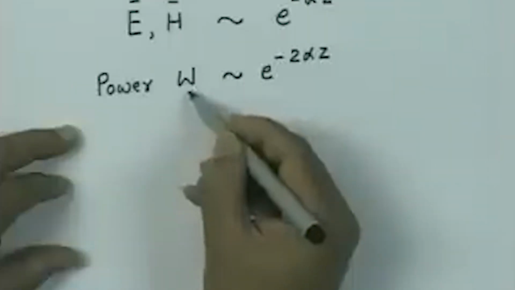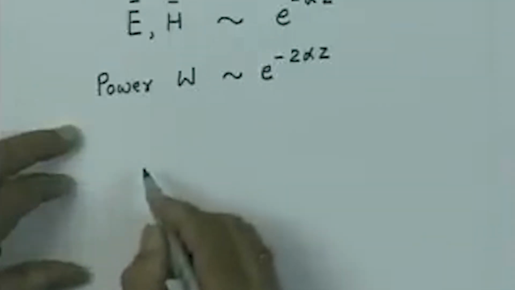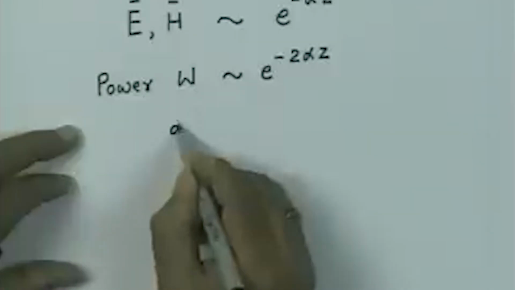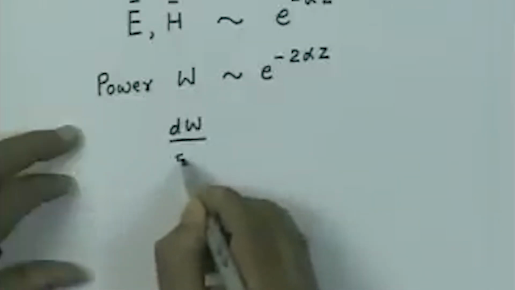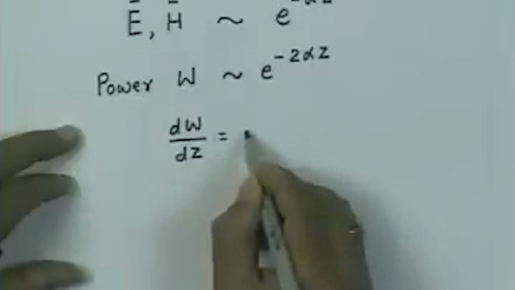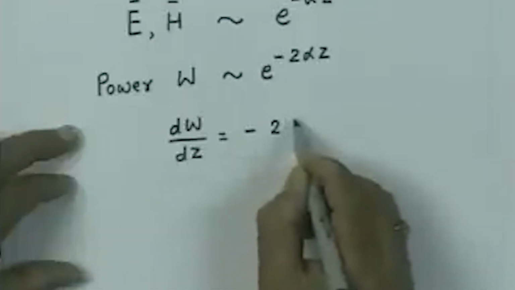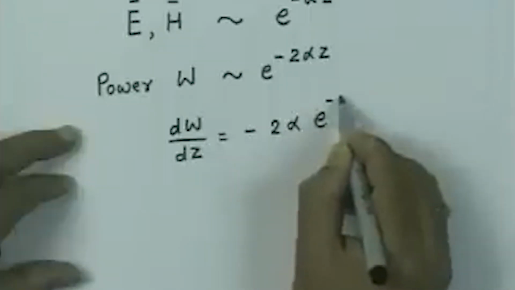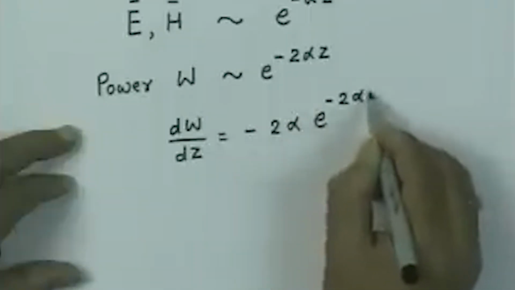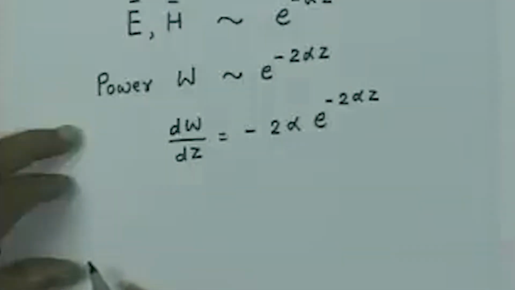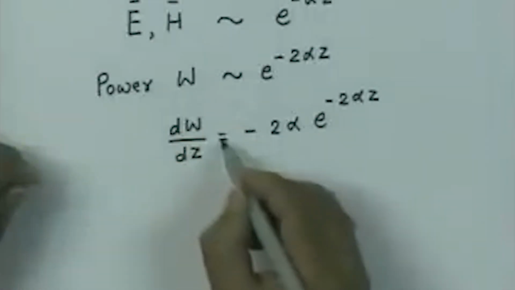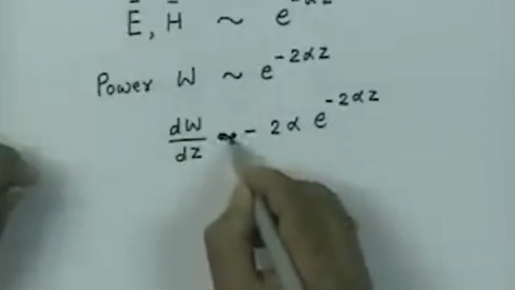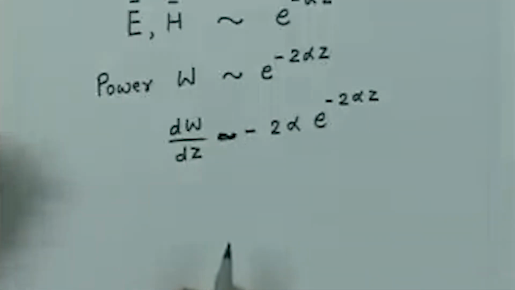I can differentiate this W with respect to Z. So, I get dW by dZ equal to minus 2 alpha e to the power minus 2 alpha Z. So, W varies like this, and dW by dZ will vary like that, taking proportionality.